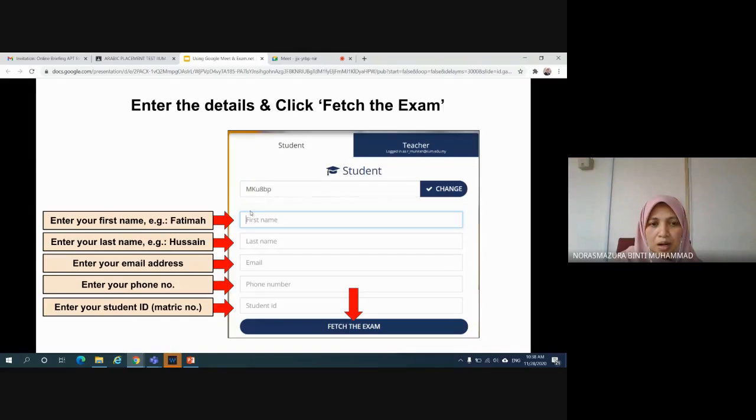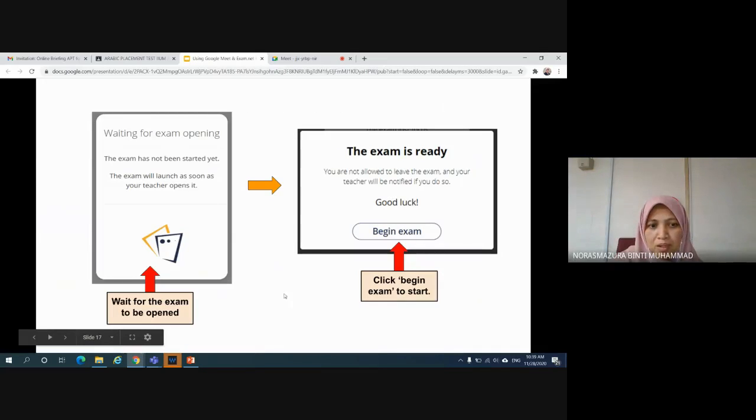You have to write your particulars: your first name, your last name, your address, your phone number, and your matric number. Then click fetch the exam. You will wait until the exam is open, and while the exam is ready, you are not allowed to leave the exam, and your teacher will notify you if you do. Good luck. Click begin exam to start the exam.